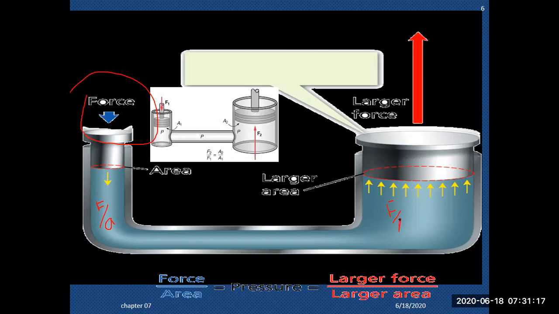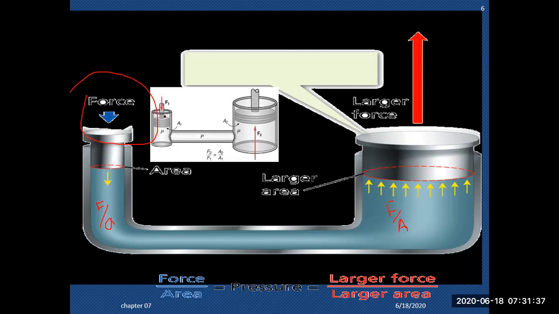These are examples to understand how these machines work. Here you apply a small amount of force, and it becomes multiplied when it reaches the larger area piston. This is the place where you put any object which is to be lifted. This is the platform used to lift any object.